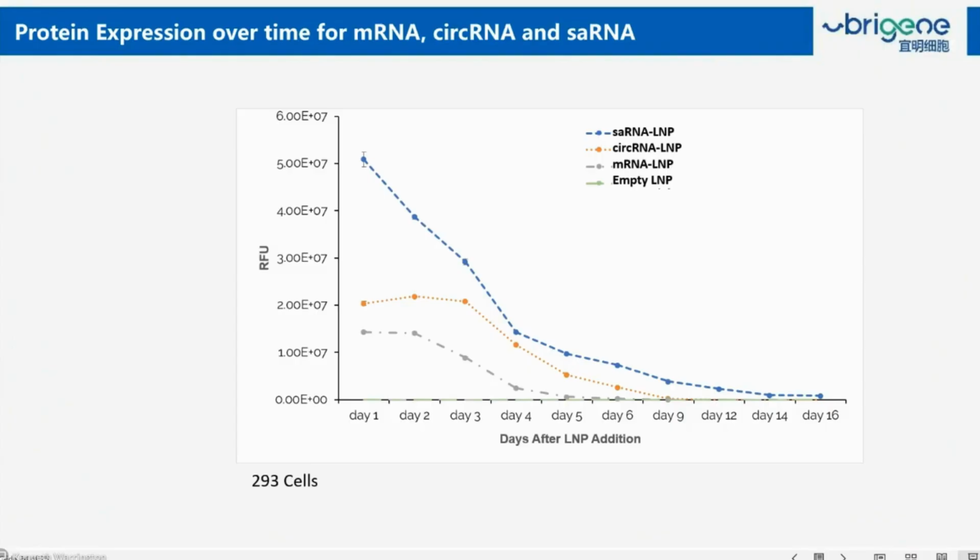The circRNA is about 2-fold higher in this example compared to mRNA. In this case, a luciferase assay, where we're looking at 293 cells post-delivery of the LNPs and harvesting at the various time points.